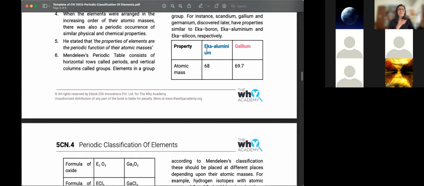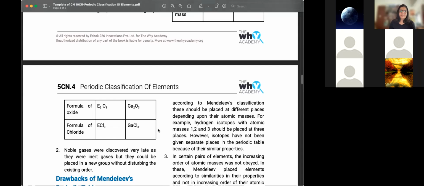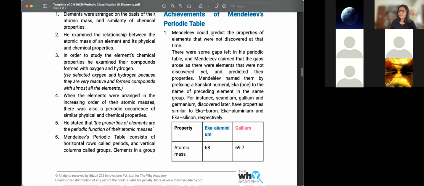It's like aluminium versus aluminium version 2.0, that sort of a thing. That's what the prefix eka was. So he called eka boron, eka aluminium, eka silicon. So you have gallium, germanium and scandium that way.